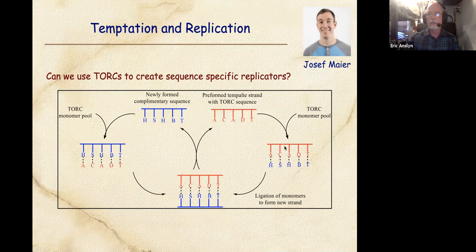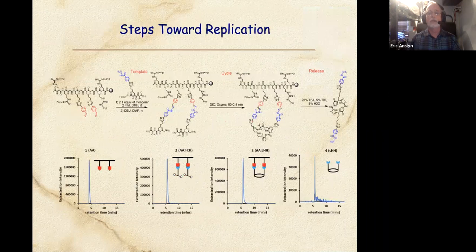Okay, so let's just see, is there any hope for this? Here's a peptide backbone that has two aldehydes, and we pair up the complement in blue, where again, my cartoon has a red and blue pair. And they will anneal to the template strand, and then we use a synthetic step to sew up what would be the complementary strand.